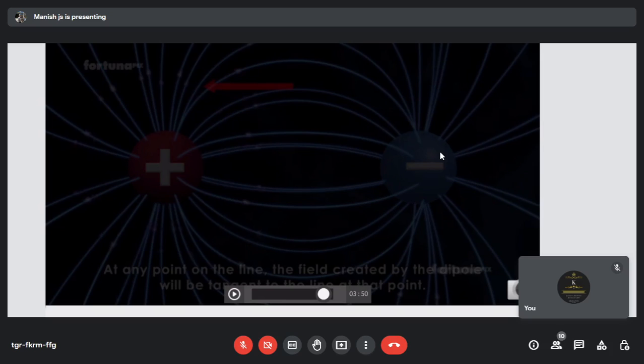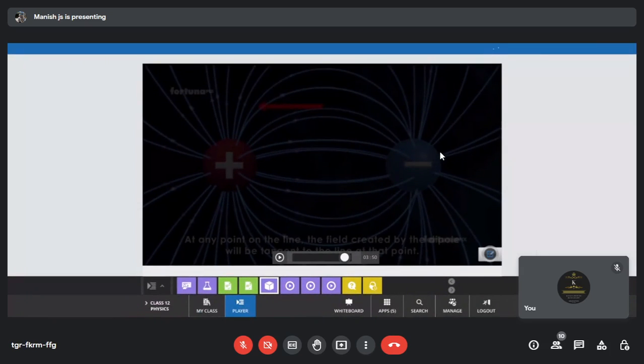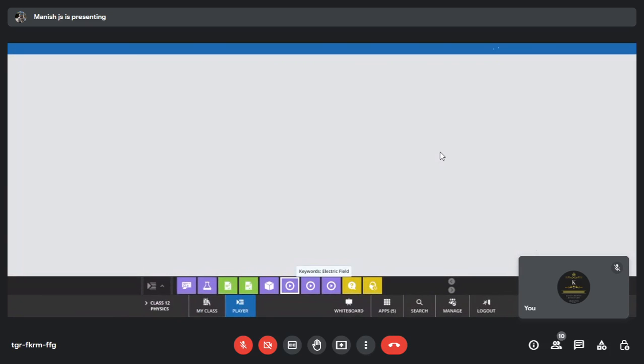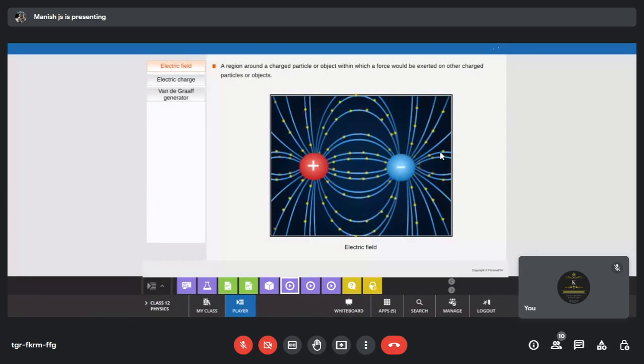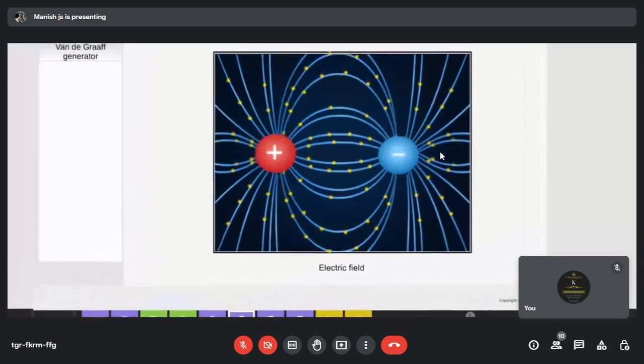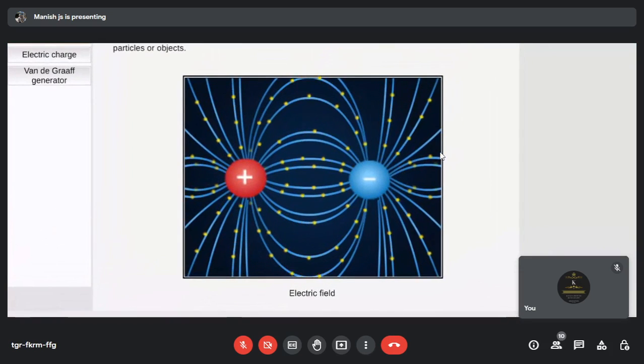The electric field at that point is given as a tangent drawn to the electric field lines at that point. So it is represented using a tangent. So this is all about the electric field, and we are coming to the end of this module. In the animation, they are showing how the electric field from a positive charge is moving towards a negative charge.